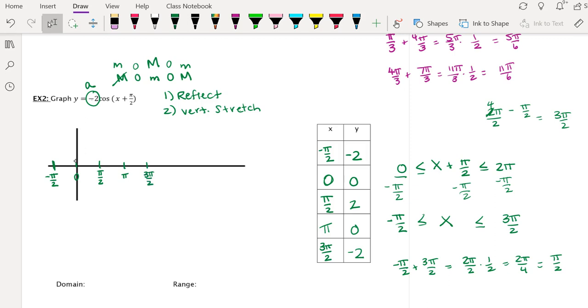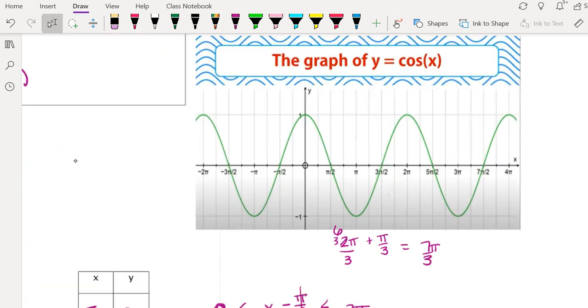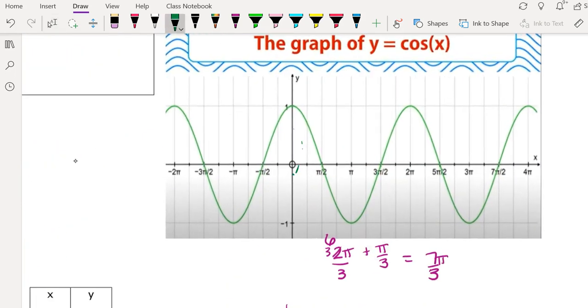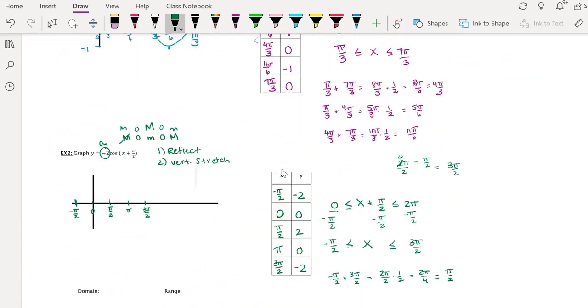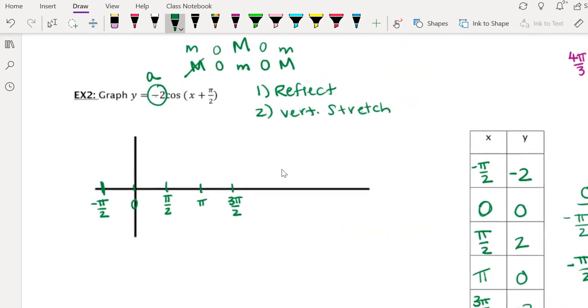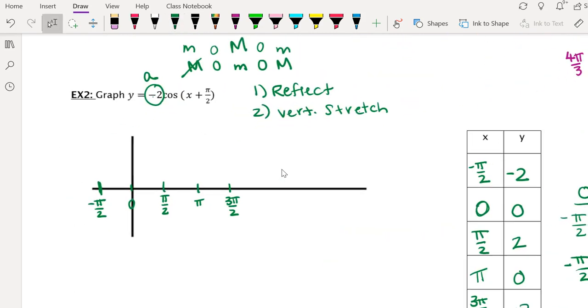So we're taking that cosine graph. Remember, cosine looks like this, and we're flipping it. So we flip it over, and it looks like we're shifting it to the left. I'm going to go back down. There it is. So I'm at a negative 2.